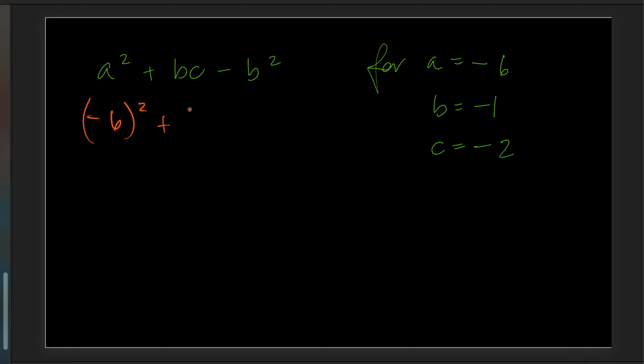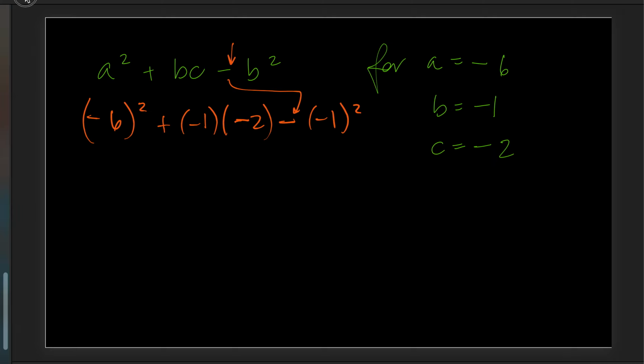So B is -1 times C, which is -2. Subtraction sign, and again B is -1, so B is squared. See how I did that? That subtraction sign is right there. And then I plugged in -1 for B, and B is squared.